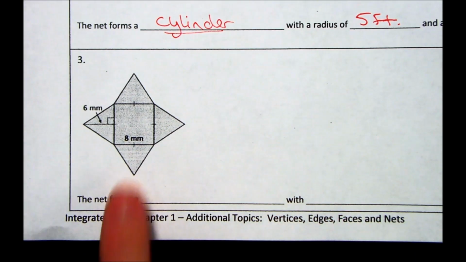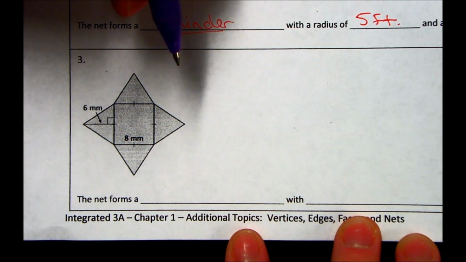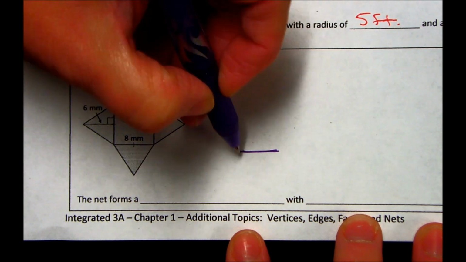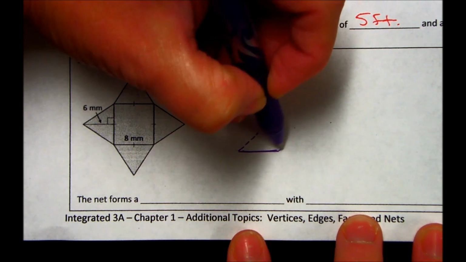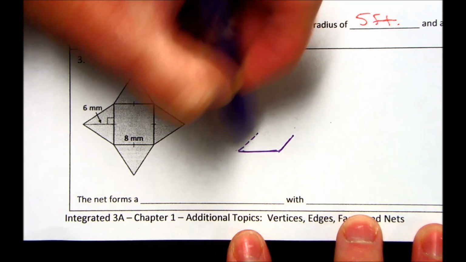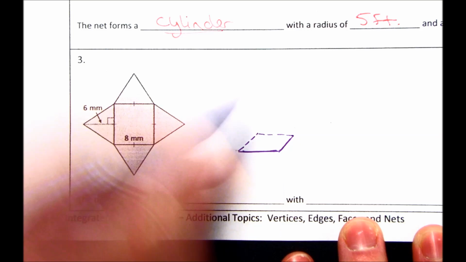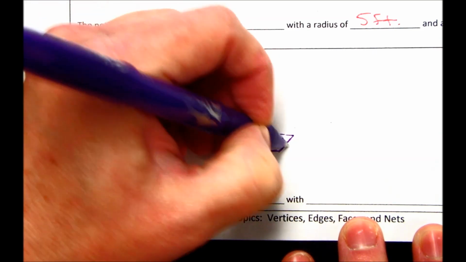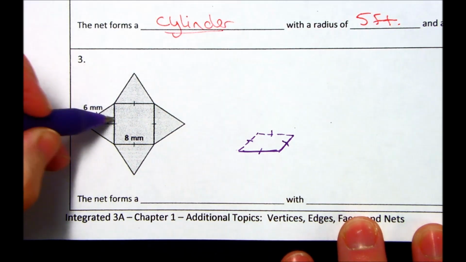I'm going to start by trying to draw the square, but I'm going to try to draw it three-dimensionally. So I'm going to start with a horizontal line, and then to show that it's going back diagonally like this, I'll make this one dotted because it's in the back. So this is my square, and three-dimensionally it looks like a rhombus, but it's supposed to be a square because this is perpendicular.